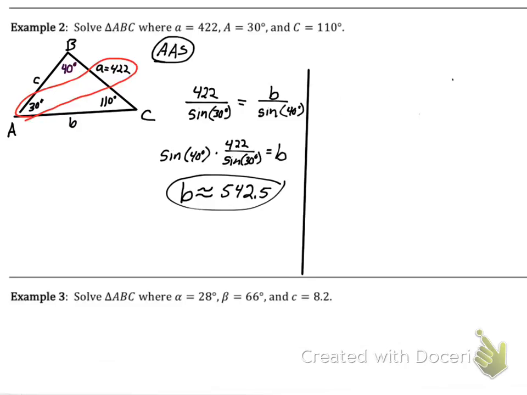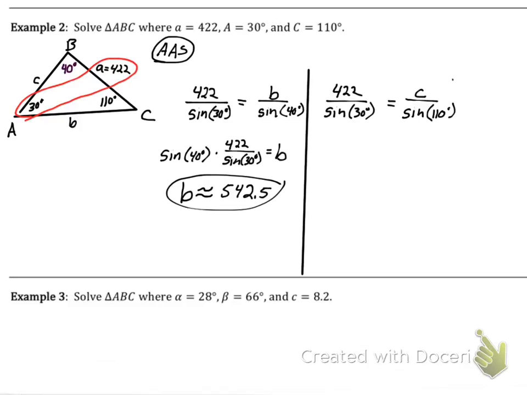Okay, so instead of doing that, let's go ahead and solve for C. Once again, I'm going to stick with that 422 over sine of 30 degrees. But, if you wanted to, you could use your B1 as well. We're going to set that equal to C over the sine of C. Well, the sine of C, C is just 110 degrees.